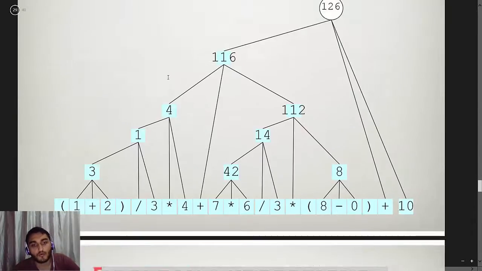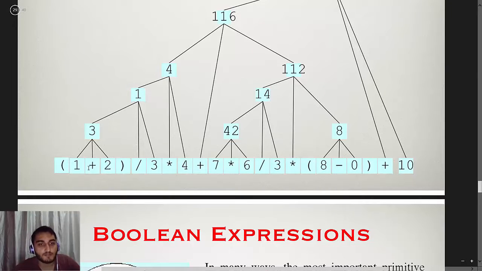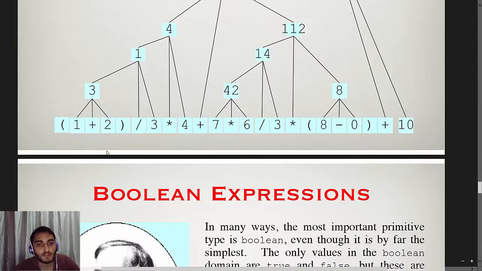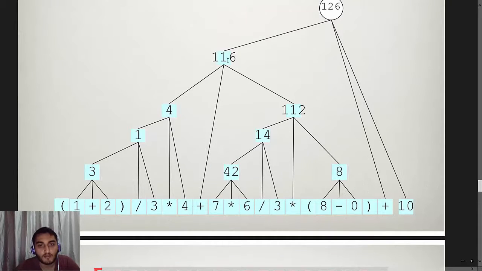You should use parentheses. It's because, for example, in this one, the program starts from left to right. 1 plus 2, it's 3, 3 divided by 3, 1. 1 multiplication 4, 4, 4 plus 7, sorry, 4 is here. 7 multiplication 6 for 2, because again there is a plus, but there is a multiplication here.